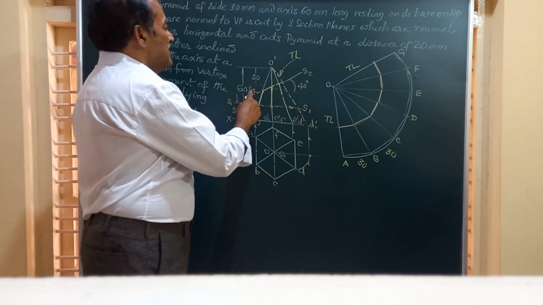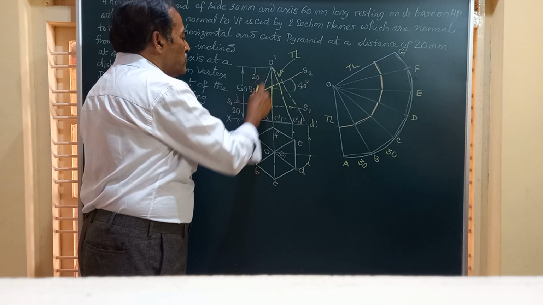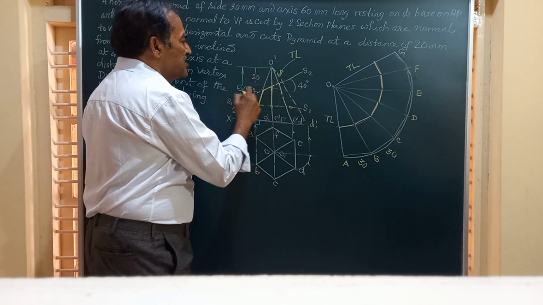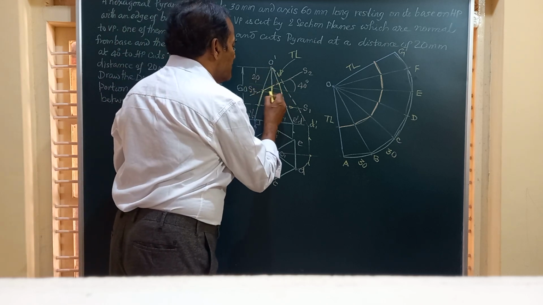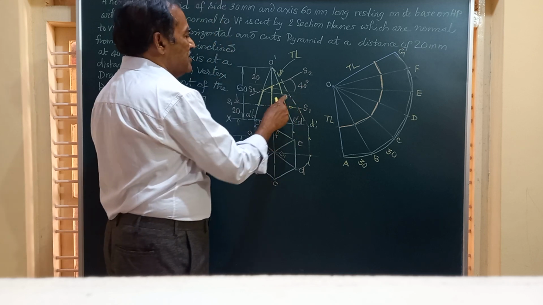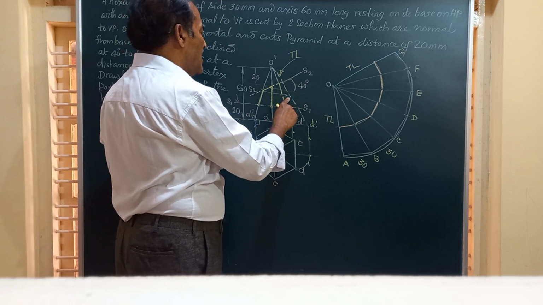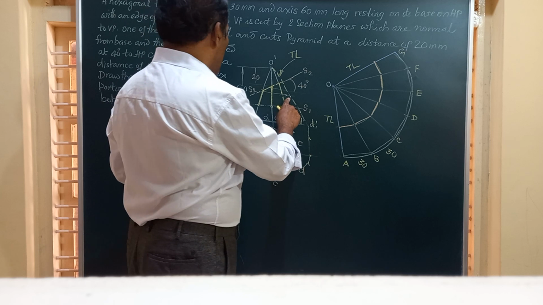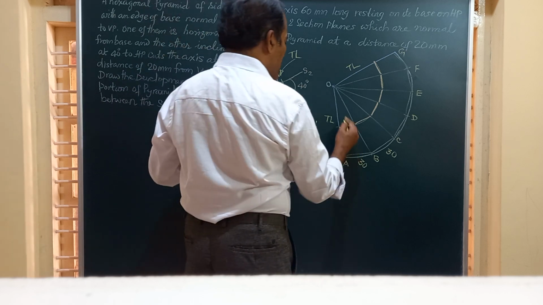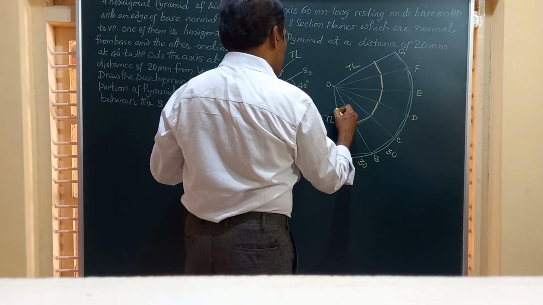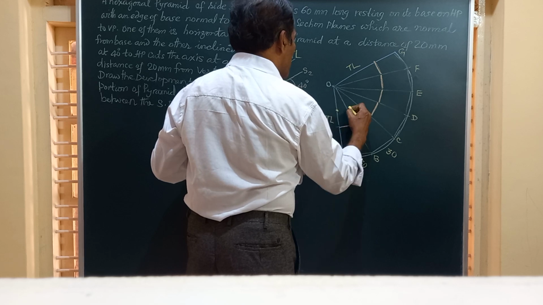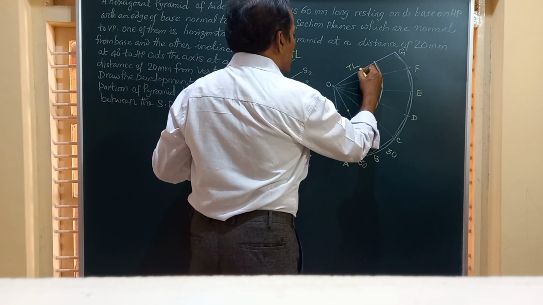So to start with, S2 is cutting OA and OB here. This is not the true length. So shift that to the last true length line. Take that on OA and OB. So on OA, on OB, again on OA.